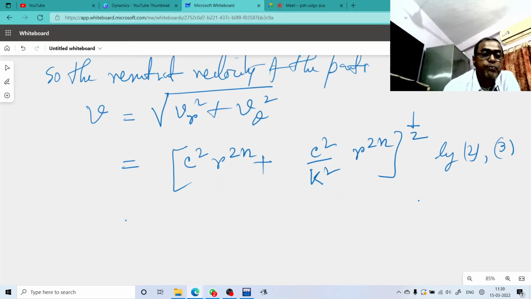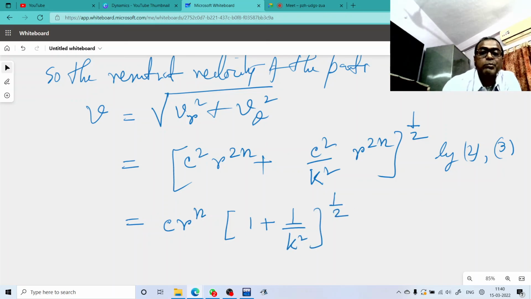Or c r to the power n common, 1 plus 1 by k square, whole to the power half.